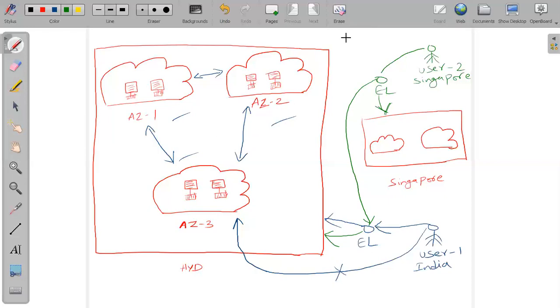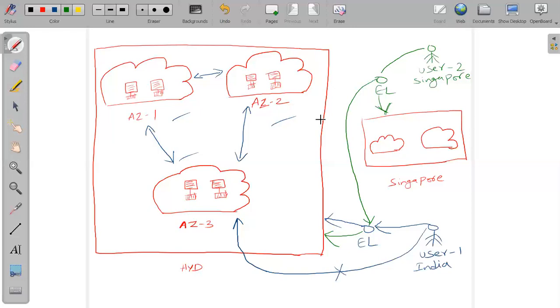Because that's the demand of the project: two servers are required, one created in the Hyderabad region. So a user from Singapore connects to the edge location of Singapore, which connects to the edge location of India, and in turn connects to any of the availability zones.